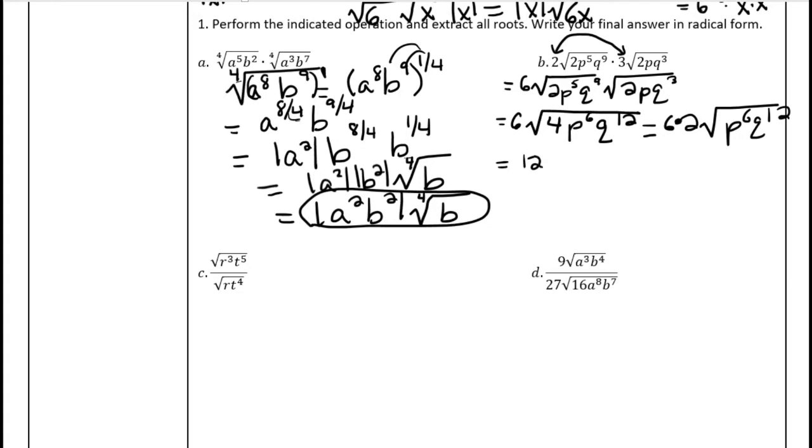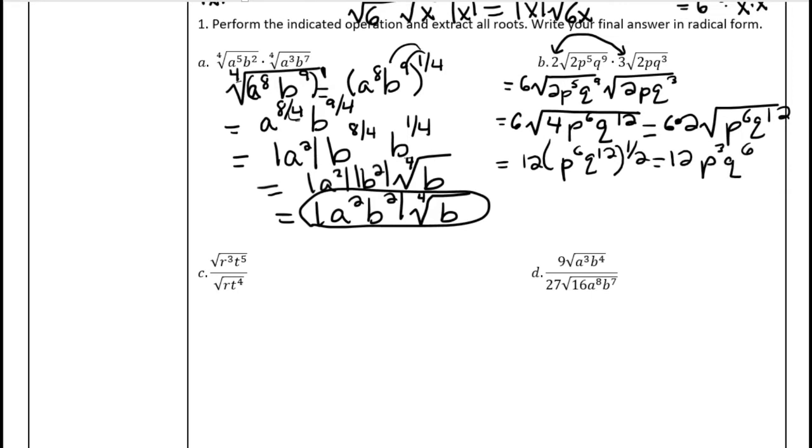Now I'm going to rewrite this in exponent form. So I got P to the 6th, Q to the 12th, raised to the 1/2 power. The whole thing is to the 1/2 power. Now distribute, so 6 times 1/2 is 3, and 12 times 1/2 is 6.